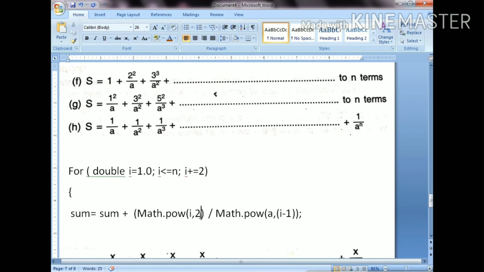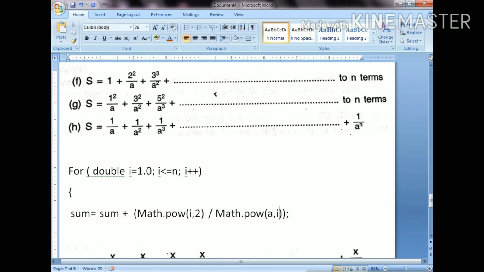Now see the down value, it becomes a power 1. No, there's a small mistake done by me. It becomes I equals 1.0, I less than equals n, I plus plus. That is the denominator value. I will be calculated by a comma I. That is the n terms.